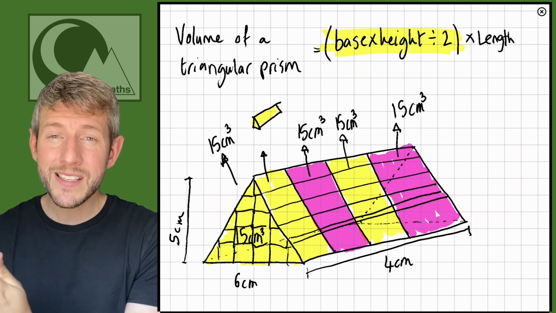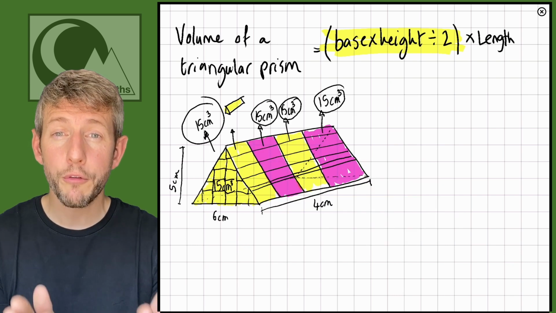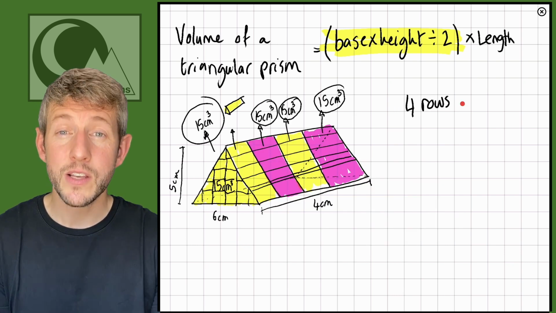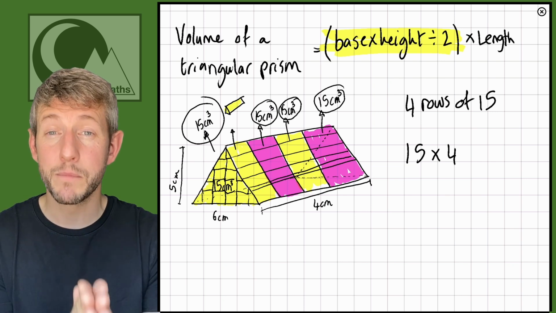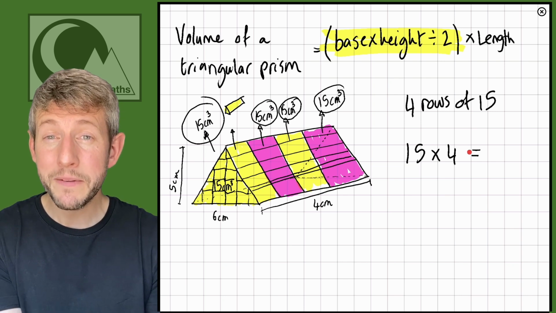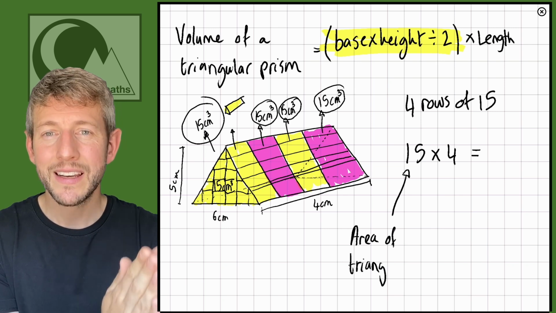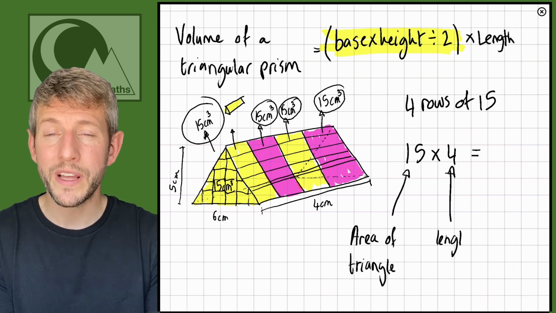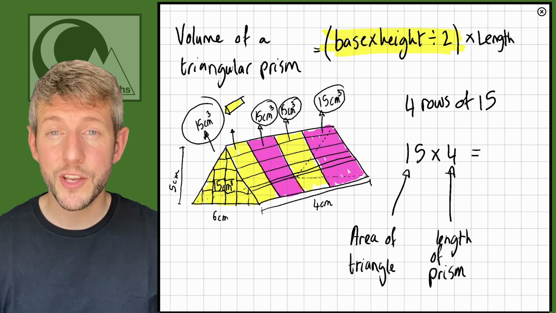And this is why we have the times length, because basically I've got 4 rows of 15. So I've got 4 lots of 15, so I've got 15 times 4, which tells me that this shape has a volume of 15 times 4, which equals 60 centimeters cubed.